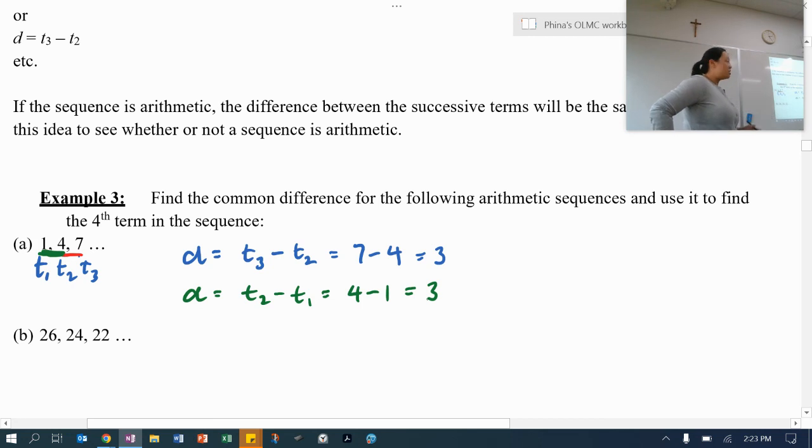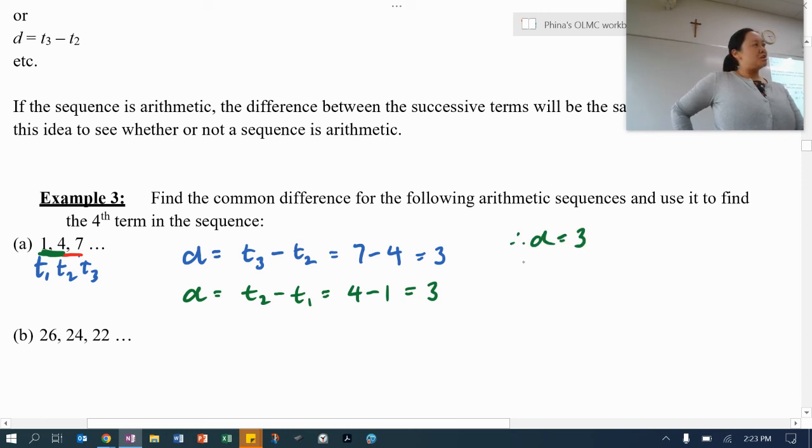So we've worked out that D equals 3, which means each time we're adding 3 to the current term. I'm going to write it as a sentence as well. Therefore, D, the common difference, is 3.